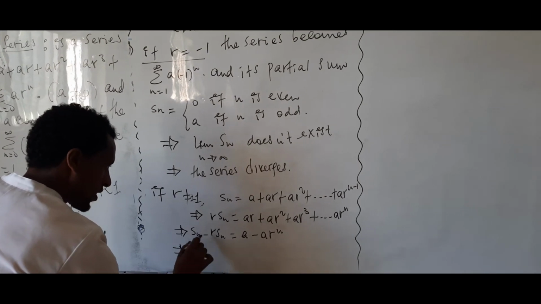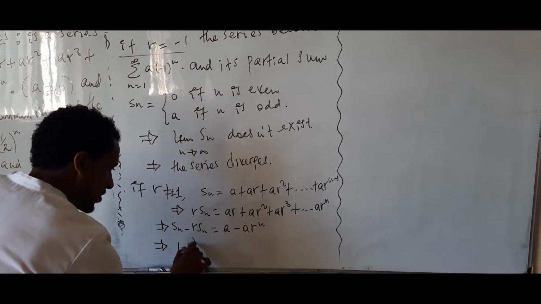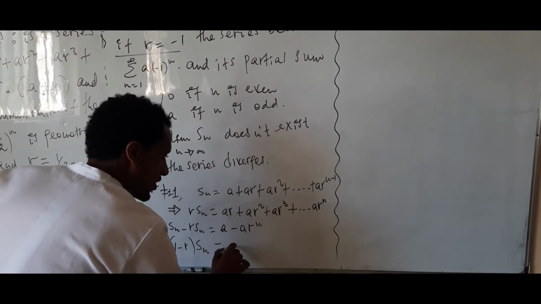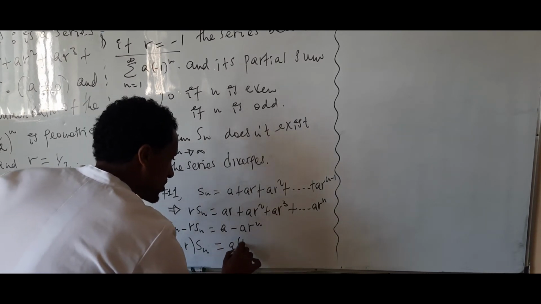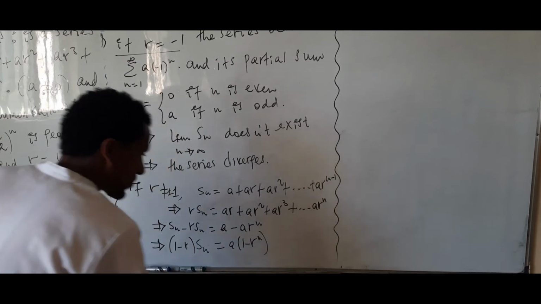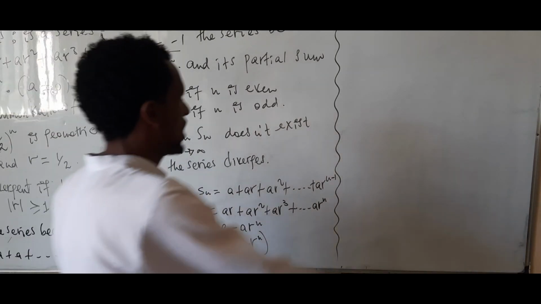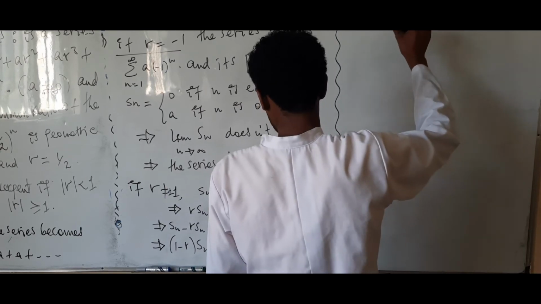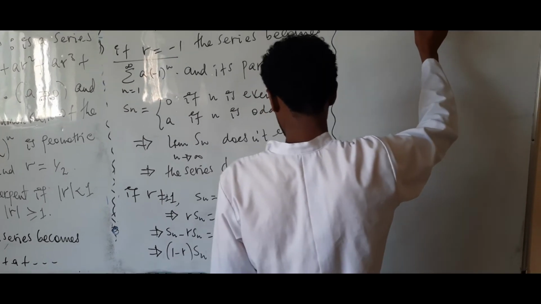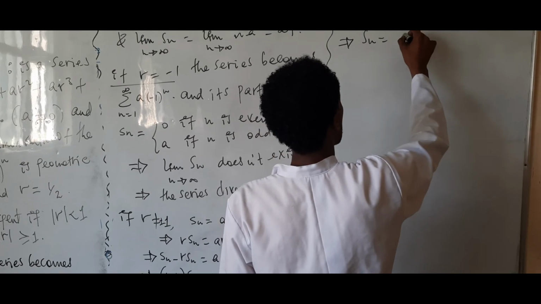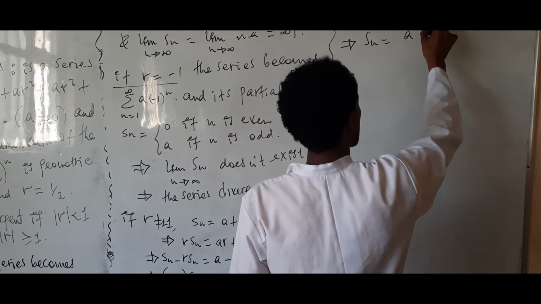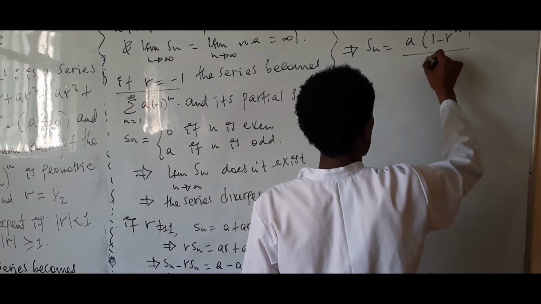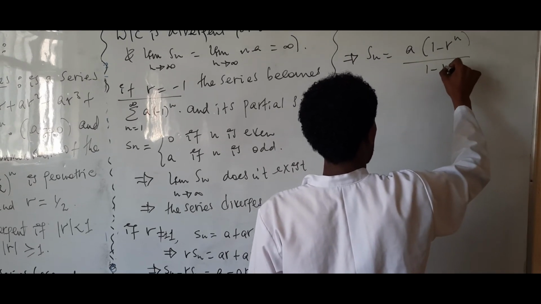This means 1 minus r times Sn is equal to a, which is common, times 1 minus r to the power of n. This implies Sn is equal to a times 1 minus r to the power of n over 1 minus r.